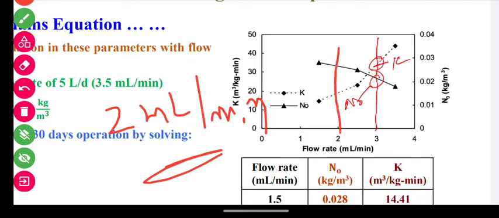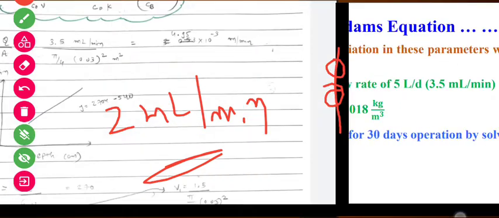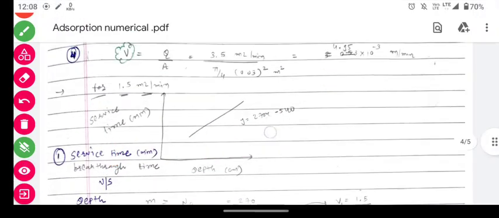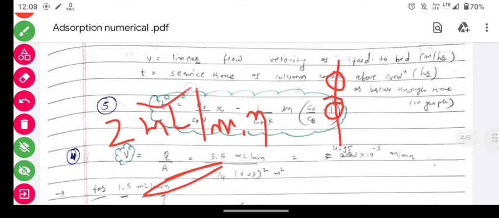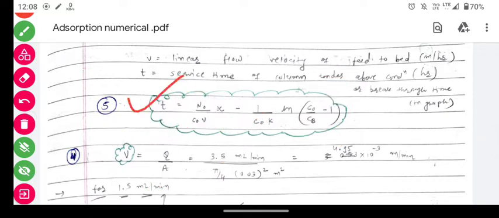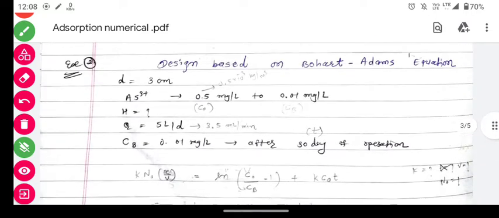Read out the value of n0 and the value of k. You just put this k and n0 value into this equation. This is where you get the t value for the given flow. So this is the second type, the Bohart-Adams approach.